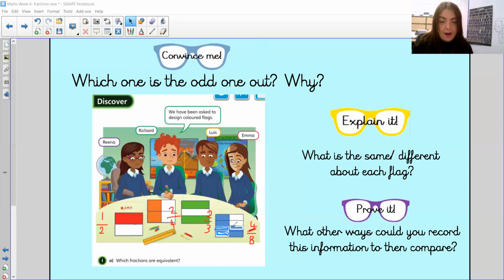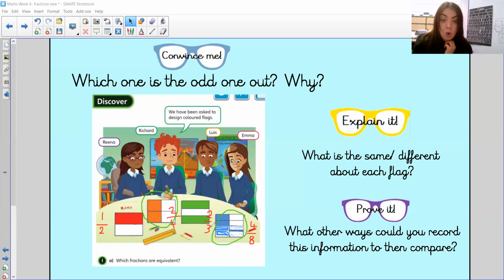So if I make those white, what can you now see that looks very similar to one of the other flags? What can you now see? I'm seeing that this one and this one now has the exact same amount shaded.